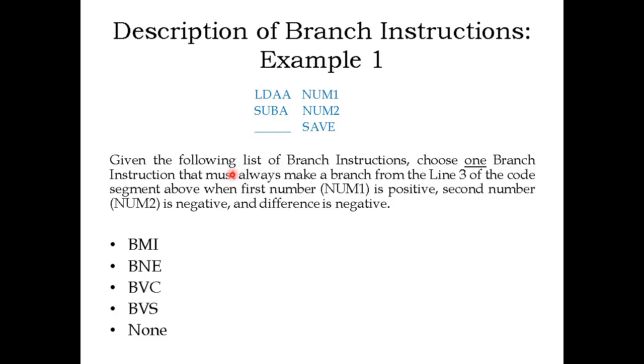What you need to do is look at the list of branch instructions that we have in the last slide with all the descriptions. You have to choose one branch instruction that must always make a branch from line 3 of the code segment when the first number is positive and the second number is negative, and the difference is negative.